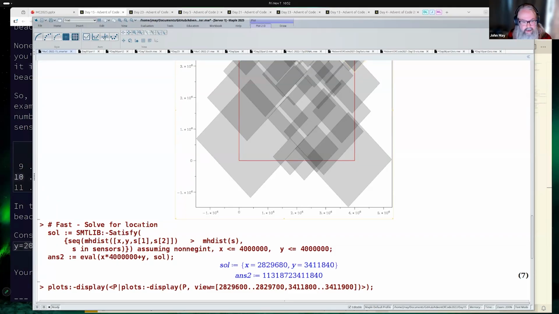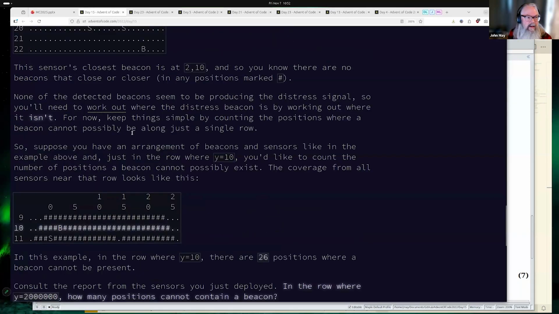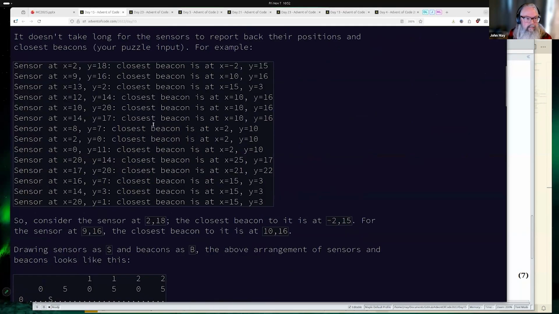So you want the scanner to detect a beacon that's farther away than the beacon in the description. So let's go back to that description. It said the closest beacon is this far away. So for each sensor, you want to find a beacon that is farther away than that one.